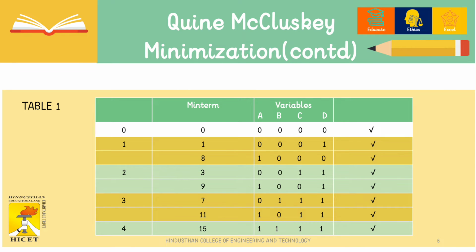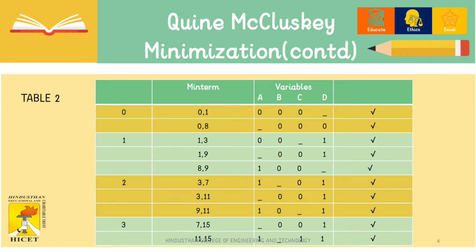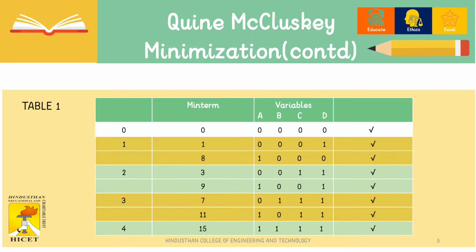Now let us go to table 2. When explaining about table 2, I'll explain how to place the tick mark in the last column for table 1. In table 2, we have to compare the first group 0 and 1 in table 1. When we compare the minterms 0 and 1, the binary value in D differs.